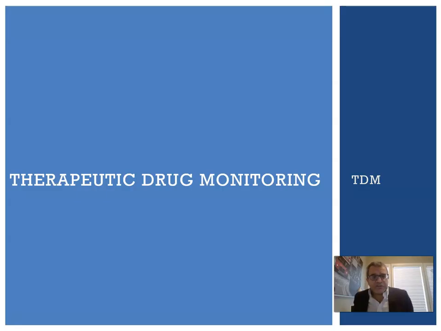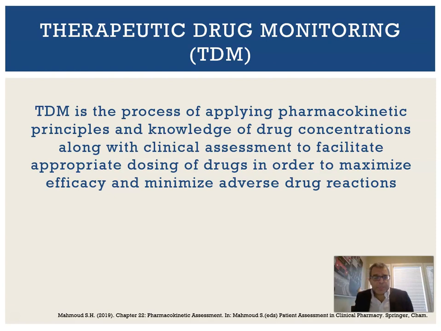Okay, therapeutic drug monitoring. What's TDM? TDM is the process of applying pharmacokinetic principles and knowledge of drug concentration, along with clinical assessment, to facilitate appropriate dosing of drugs in order to maximize efficacy and minimize adverse drug reactions.